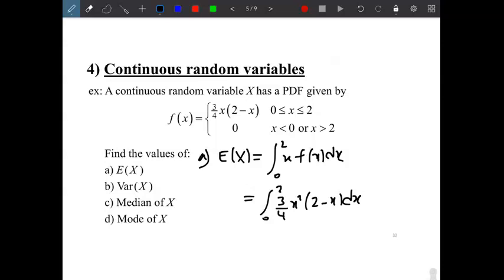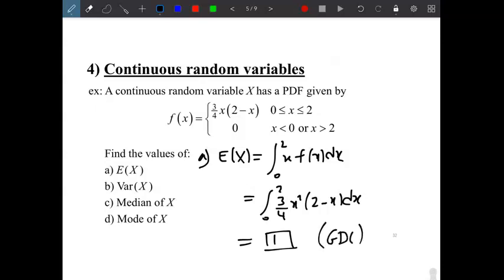So over here, if we were to use the GDC, the expectation is 1. Okay, now we know that the integral of f of x between 0 and 2 is 1. Well, this is a coincidence here. The expectation is not always necessarily 1. Okay, so that's using your GDC.